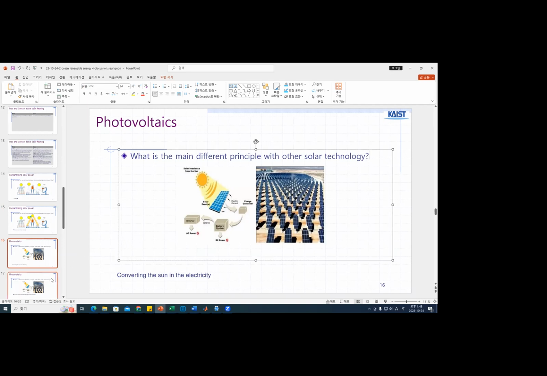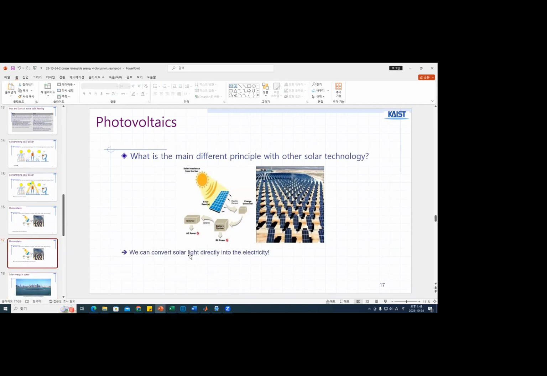Yes, you're right. So we can convert solar light directly into electricity. When we use the other technology, we have to use solar energy to heat up fluids such as water, then heat the water to make vapor, and use the vapor to rotate the turbine.